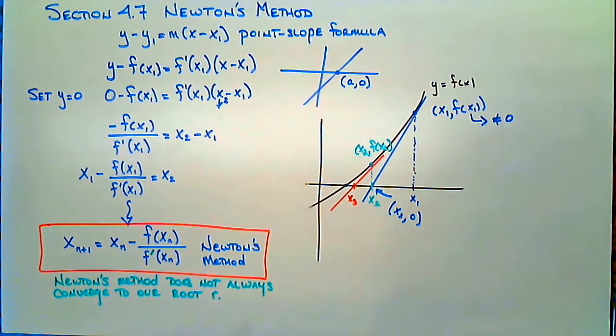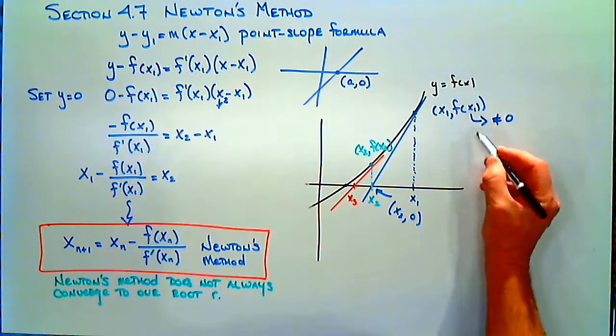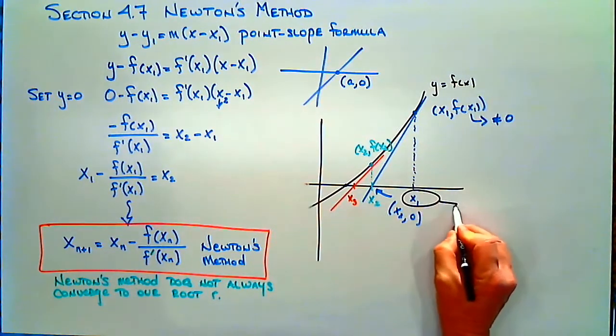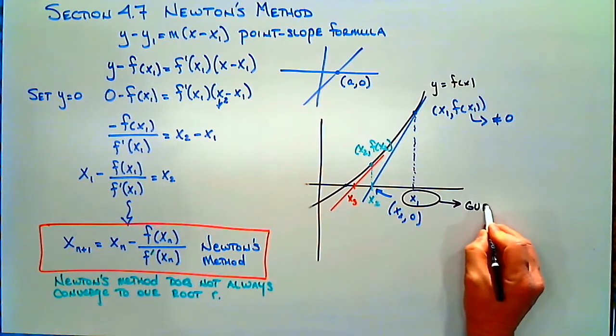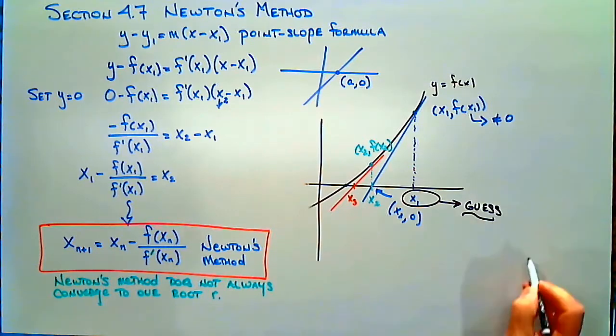Well, remember x of 1, this is usually a guess. Now, in the book, on some of the problems, they're going to tell you what to begin with. They're going to say use x of 1 equals 1 or use x of 1 equals 2.